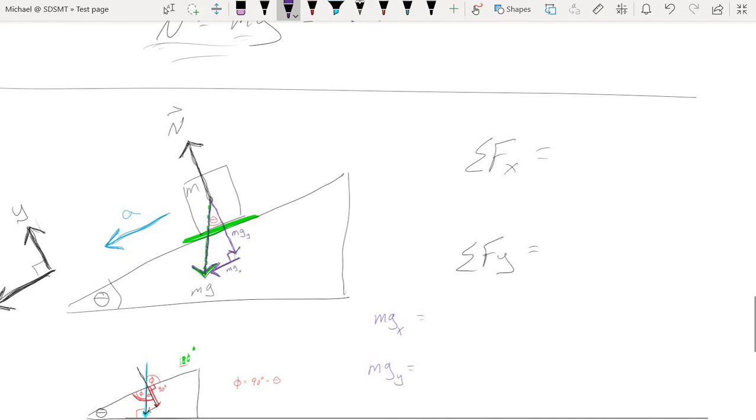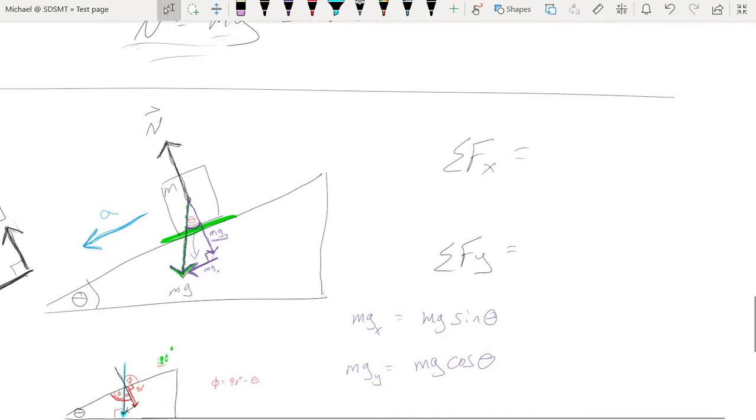The y component, this is the leg that is adjacent to the angle, so that is going to incorporate the cosine. And the x component of our weight vector, the component that is running parallel to the incline, that is the leg that is opposite of theta, so that is sine.